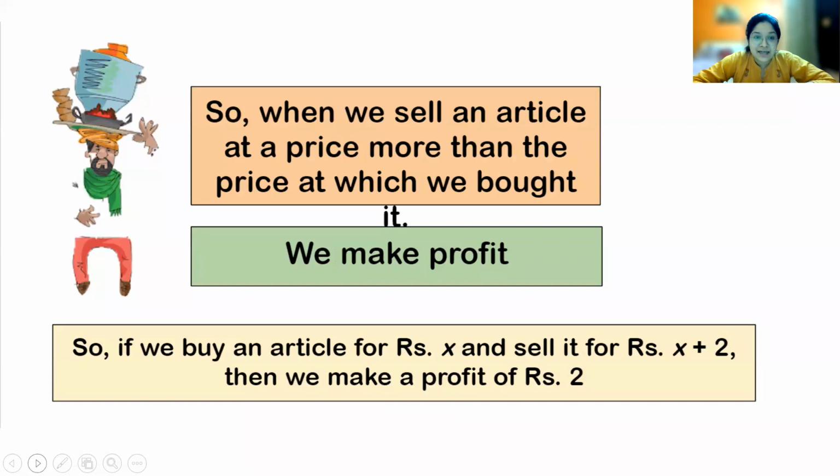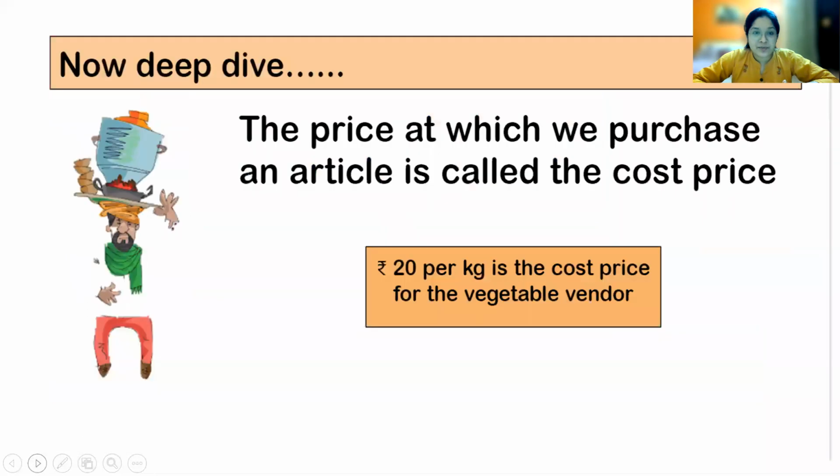So when he sells an article at a price more than the price at which he bought it, it's called profit. If he buys an article at rupees X and sells it for rupees X plus 2, then he makes a profit of rupees 2. Similarly, if you buy an article at rupees A and sell it at A plus 10, then you're making a profit of rupees 10. That excess amount on the cost price.